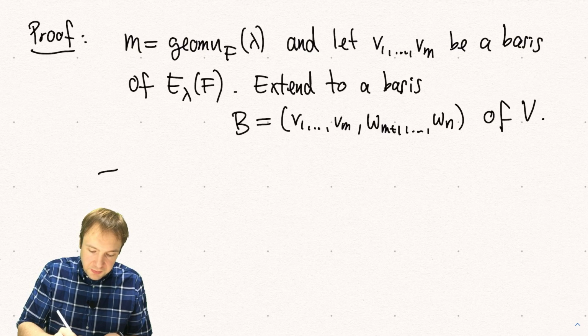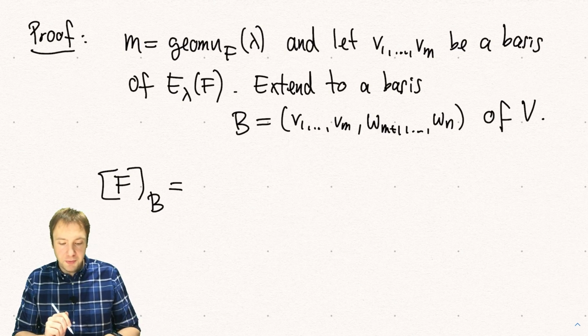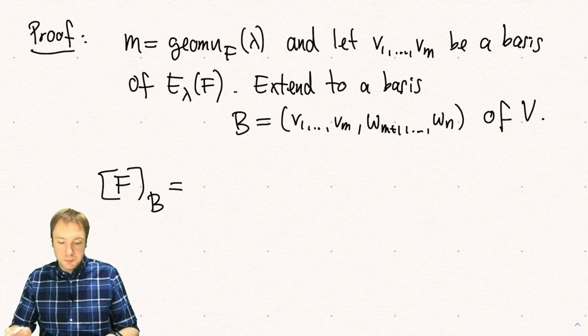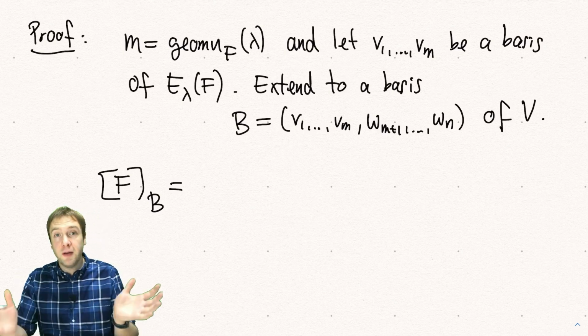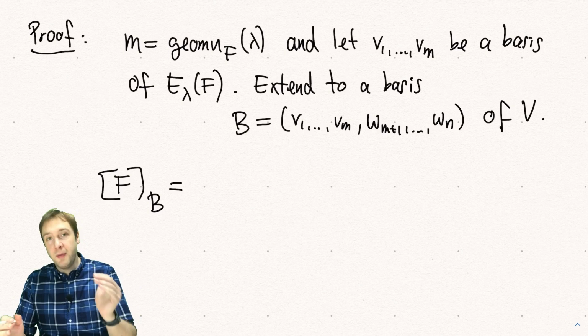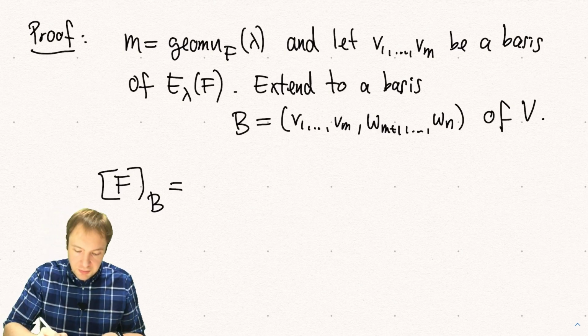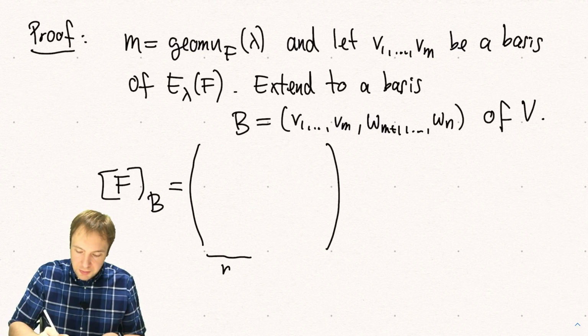And then we see that if I consider the matrix of this F with respect to the basis B, then in the first m columns, similar to what we did before when we had the basis of eigenvectors, the matrix with respect to this basis was just given by a diagonal matrix. And this is also the case here, but it's just true for the first m columns.